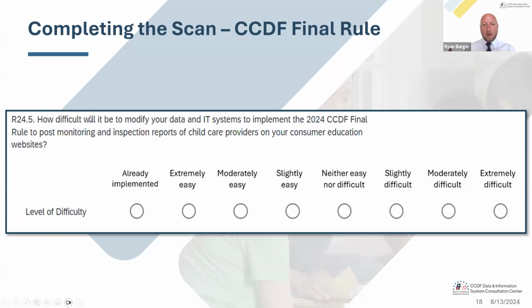How will you need to procure new services perhaps to implement the rule? Or how easy or difficult might that process be based on your lead agency's processes? So the time it will take to fully implement the new rules within a data and IT system should also factor into your response.